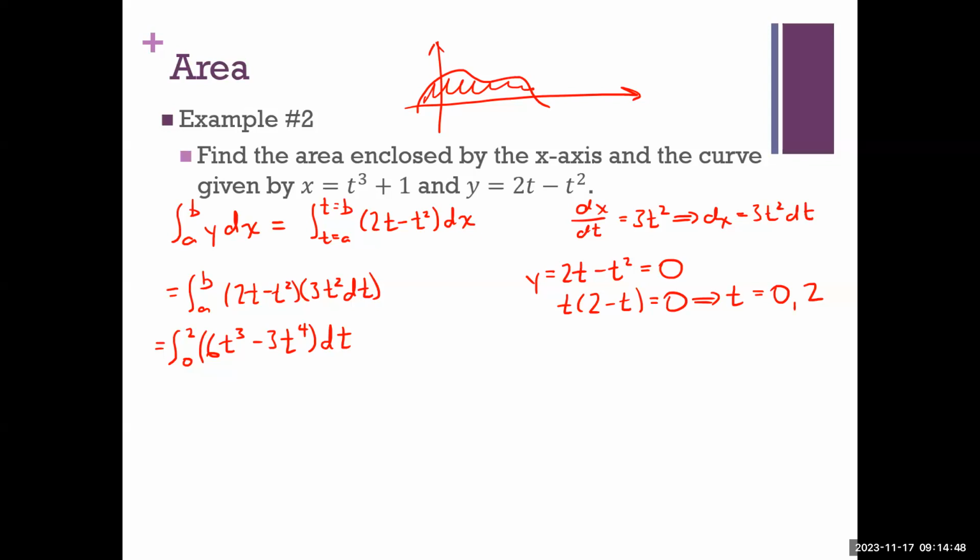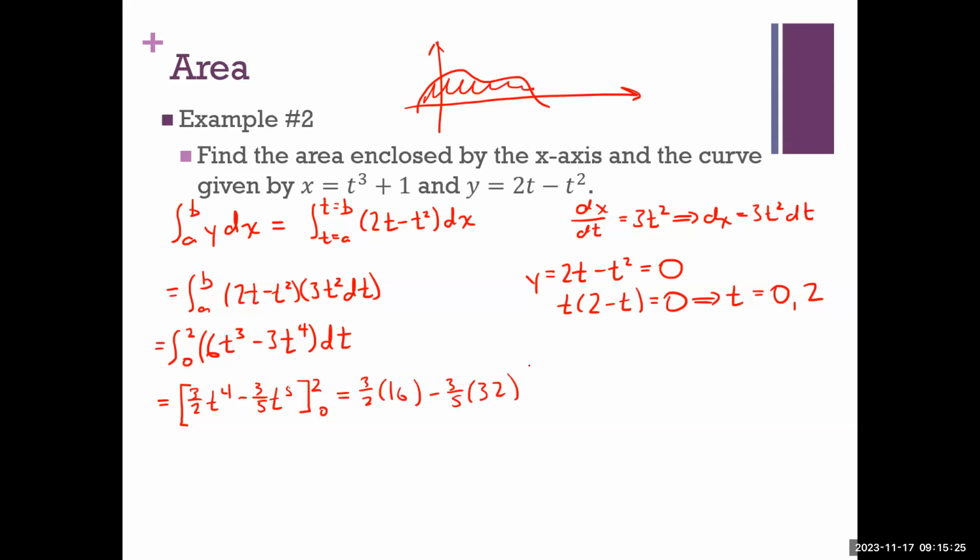So what's the antiderivative of this function? What happens to 6t cubed? Three halves t to the fourth, and then minus 3/5 t to the fifth from 0 to 2. So I get 3 halves of 16 minus 3 halves of 32.